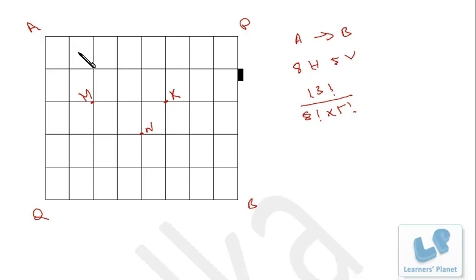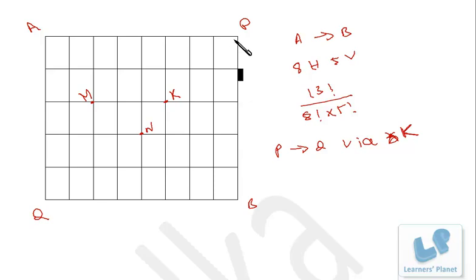Now let's twist it. Now suppose we have to go from P to Q, but via K. P to Q via K. So first of all, what we have to do?